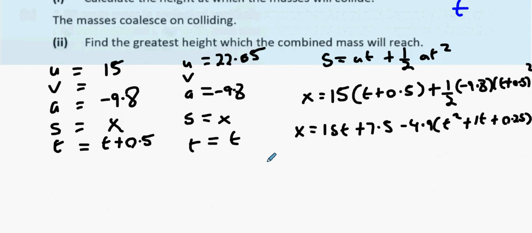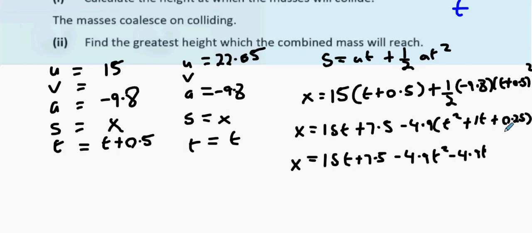The maths on this isn't right. Now, 15t plus 7.5 minus 4.9 t squared minus 4.9t, and then a quarter of 4.9, which is 1.225.